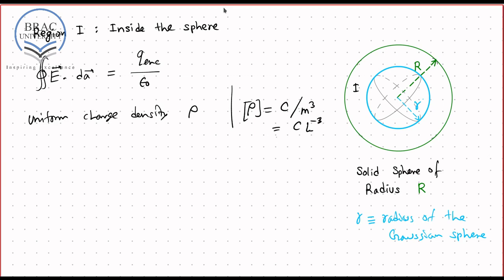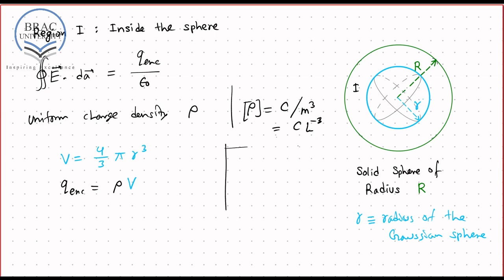So we need to find the volume of this small r radius sphere, the Gaussian sphere, and that volume is V equals 4 by 3 pi r cubed. So the charge enclosed by this Gaussian sphere is Q enc equals rho times V. Rho is uniform throughout the sphere.